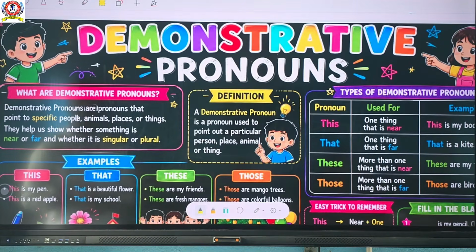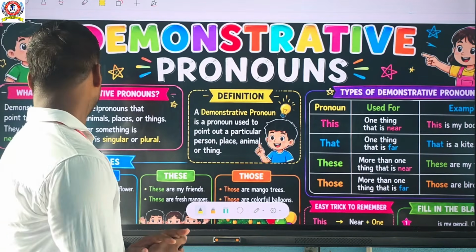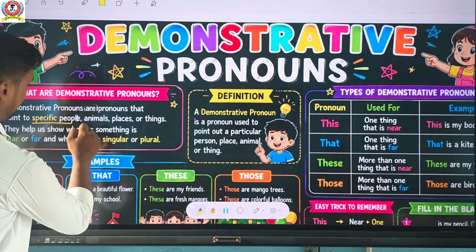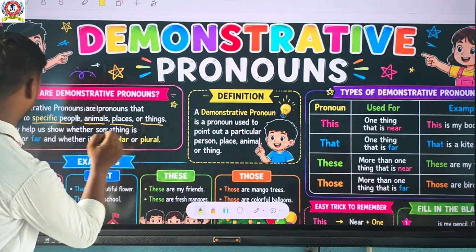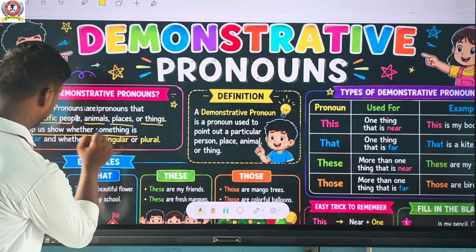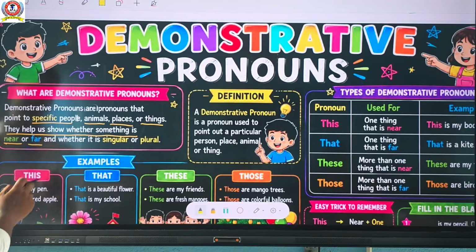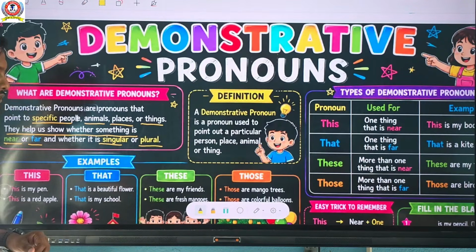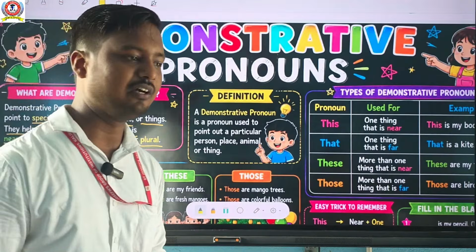Demonstrative pronouns are the pronouns that point to specific people, animal, place, or thing. Or they help us to show whether something is near or far, whether it is singular or plural. Near or far.